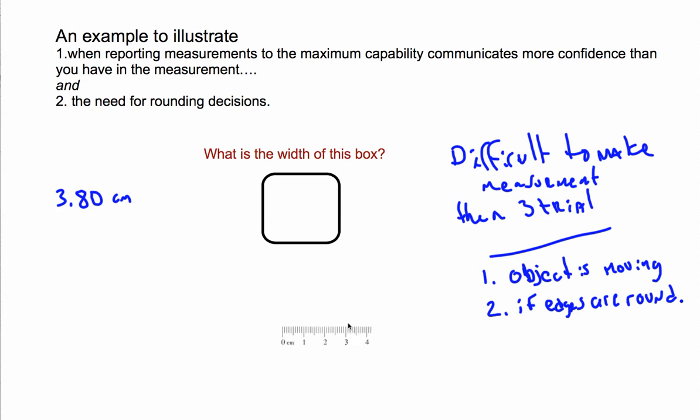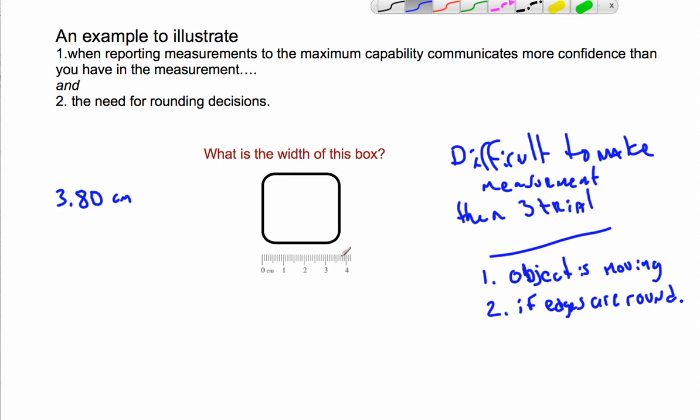Let's bring this away. Pretend we're going to come up and make this measurement again. All right, so lining this up right on that side over there. Okay, and come again to look at this, and I'm lining that right up.